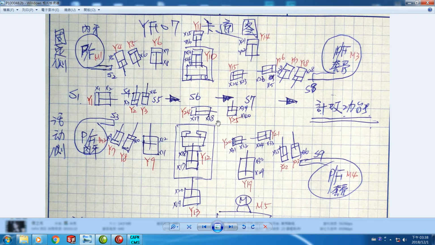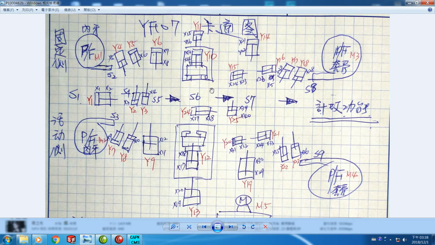As the S32 sensor is on, the whole mechanism is to the right and in position, and Y25 is off, the mechanism will lower down.